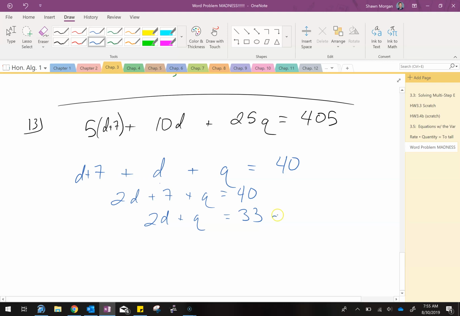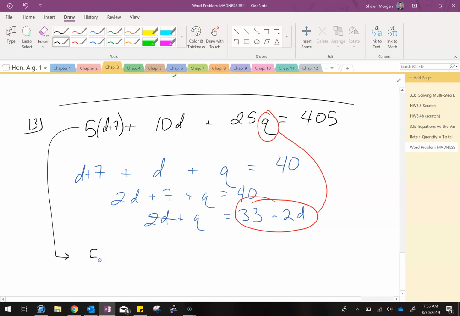So let's subtract 2D from both sides. Good. And so Q now, check that out. Q is the same thing as what? 33 minus 2D.